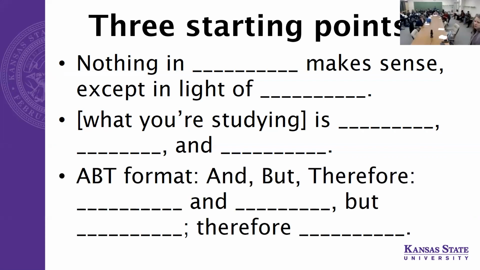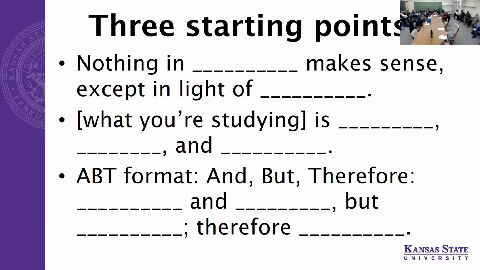And then there's also, this is stolen from a prominent science communication expert named Randy Olson. He uses the ADT format, and, but, and therefore. And he says any good piece of science communication proceeds according to this. And then he actually takes science journalism and highlights where in the first couple paragraphs is it and, but, and therefore.